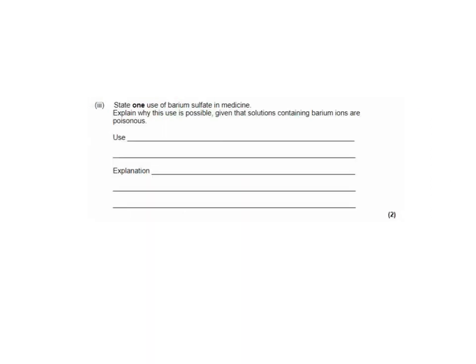So state 1 use of barium sulfate in medicine. Explain why this use is possible given the solutions containing barium ions are poisonous. Okay, so the use for barium sulfate in medicine is during X-rays, and it's used as a contrast material. So essentially you swallow some barium sulfate, and it's used as an X-ray contrast medium.